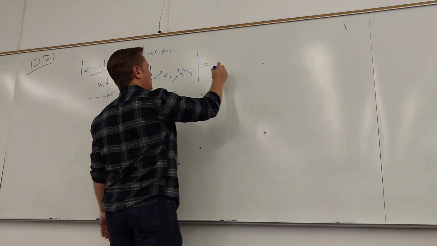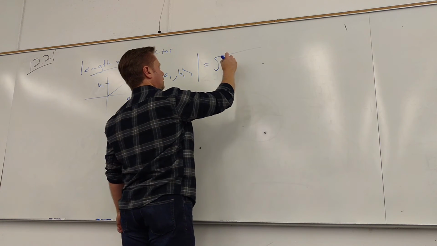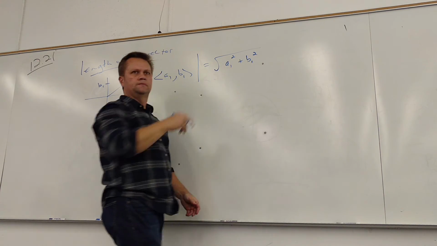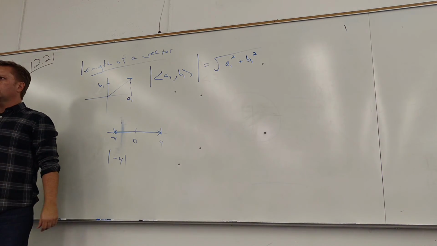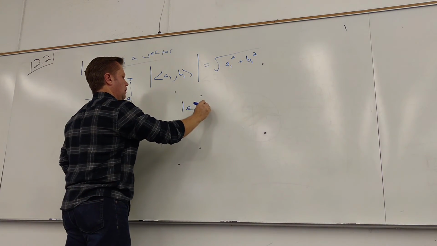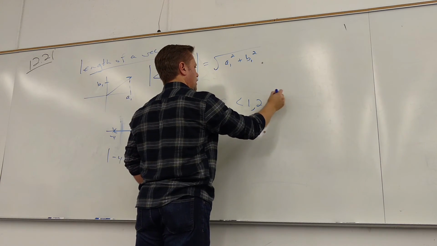So this is just going to be the square root of A1 squared plus B1 squared. Gotta love that. All right, so what's the length of the vector 1, 2, -5?